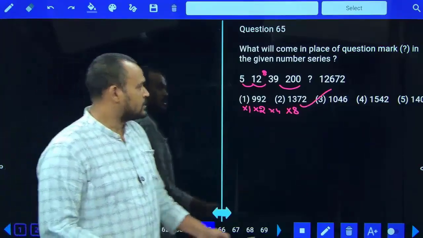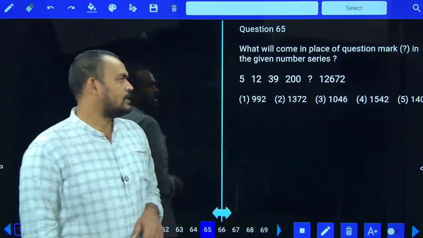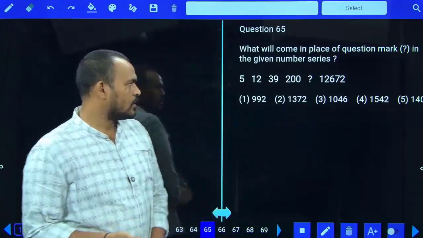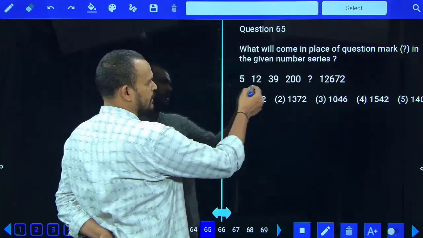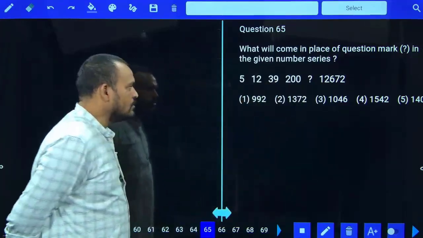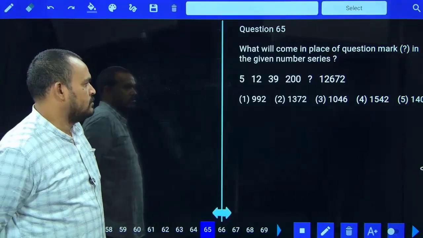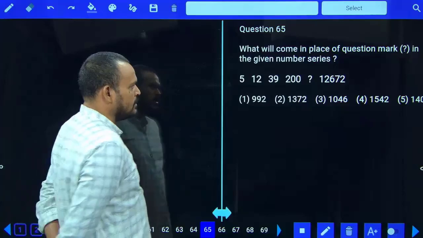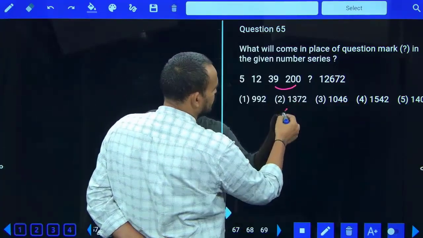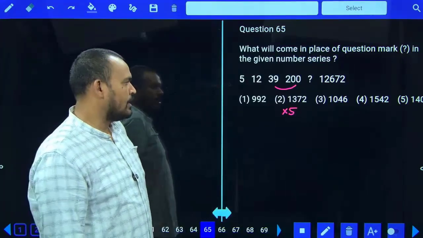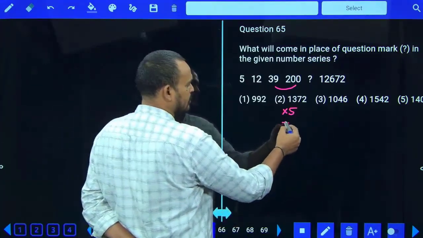Next question number 65. 5, 12, 39, 200, something and 1272. Okay. First 5 and 12. Next 39 and 200. Into 3, 5, 12, 39, 200. 39 fives are 150 plus 45, 195, plus how much? 5 or not.